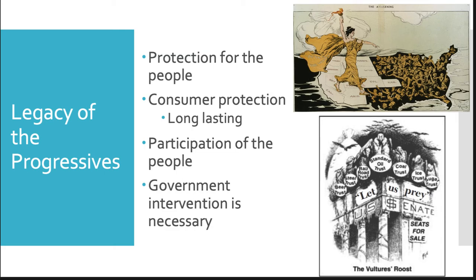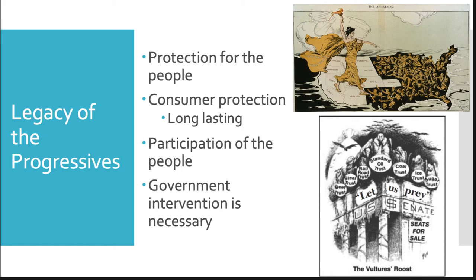So you see the government saying, okay, we need to monitor business because they are not looking out for the average consumer. They are looking out for their pocketbook. And we, the government, that is our job to make sure the consumer is taken care of.